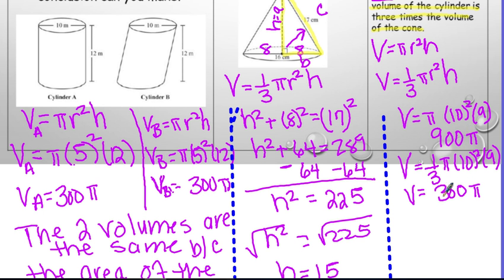So the question said, show that the volume of the cylinder is 3 times the volume of the cone. Well, watch this. This is 900. And then this is the volume of the cone right here. If you take these 2 volumes and divide them, the volume of the cylinder over the volume of the cone, you can see that this is going to end up as 3.